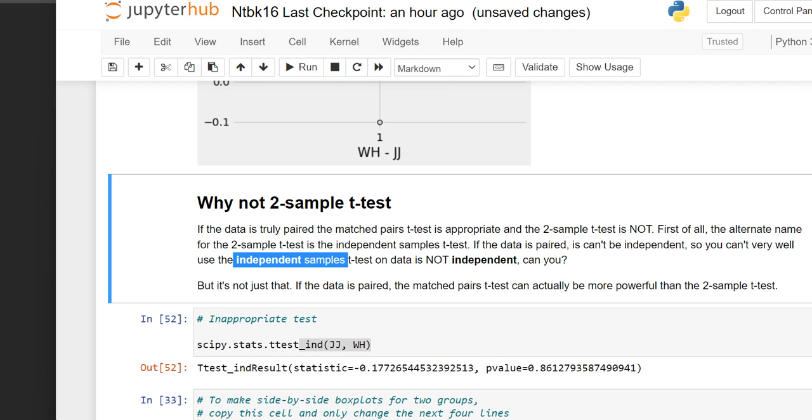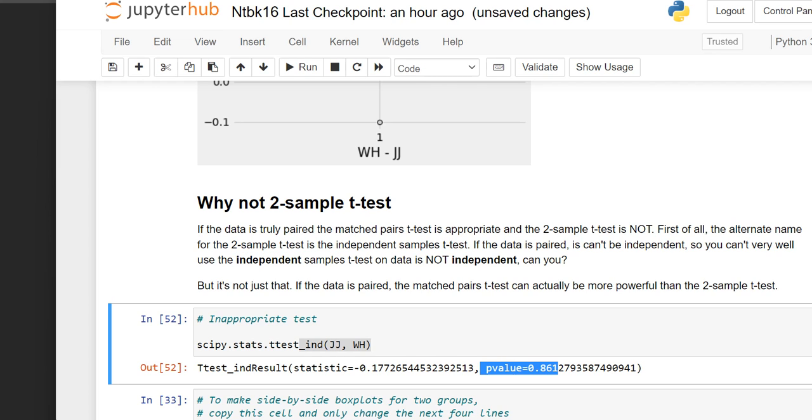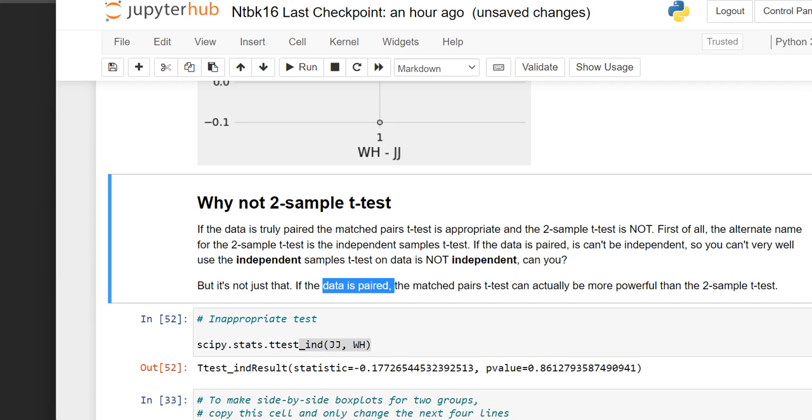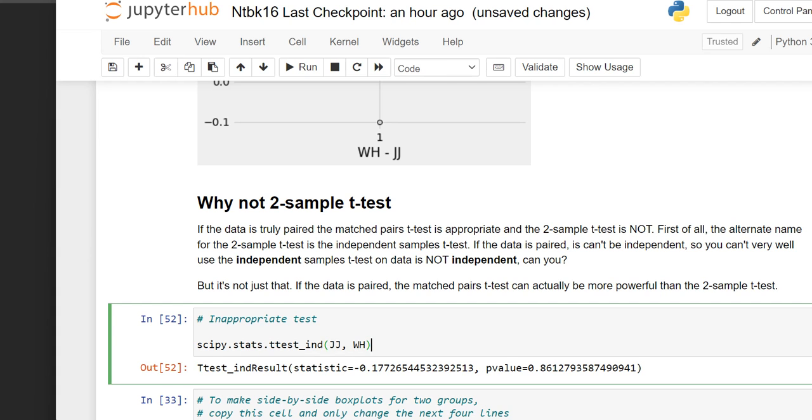So we call this dependent samples, and it doesn't match the p-value we get when we do independent samples. Independent samples is the wrong test, but it's really cool because when the data is paired, we actually have a more powerful test if we use the matched pairs t-test. In statistics, powerful just means better.